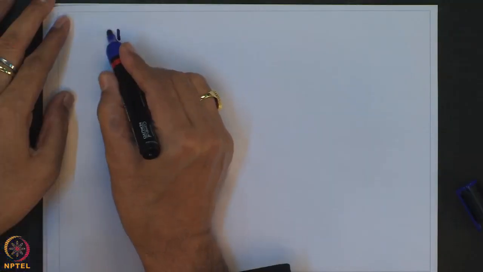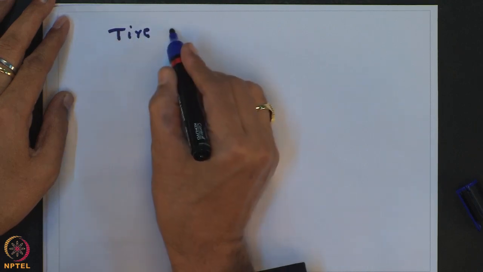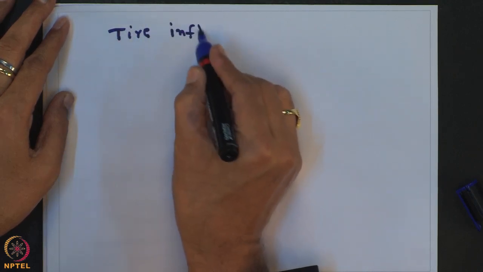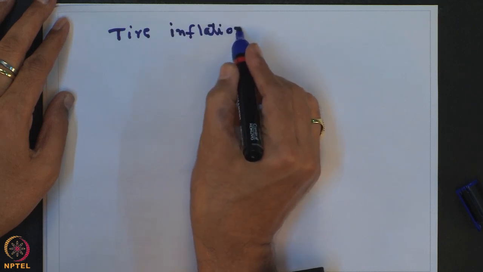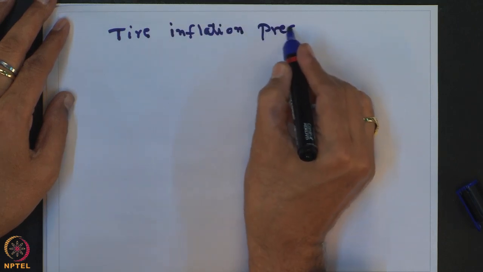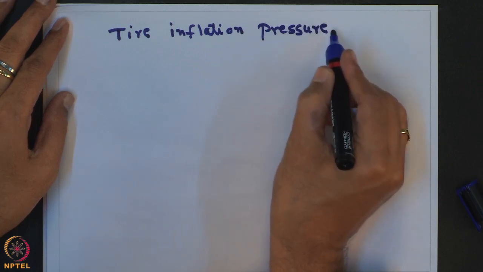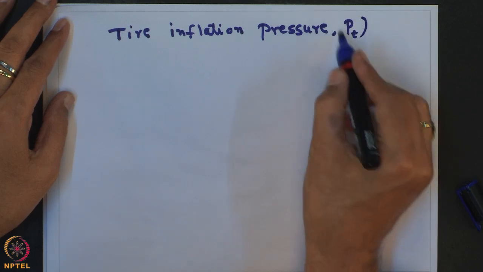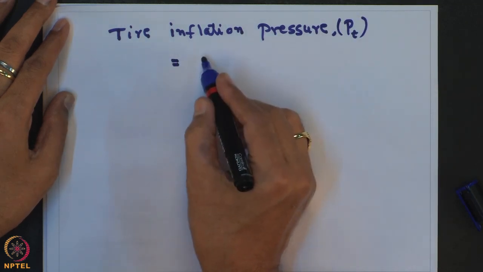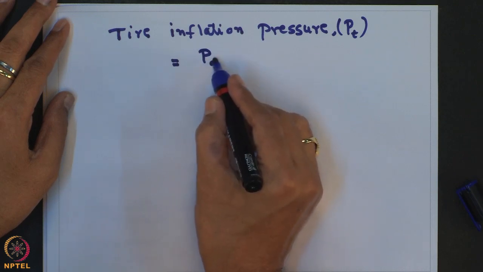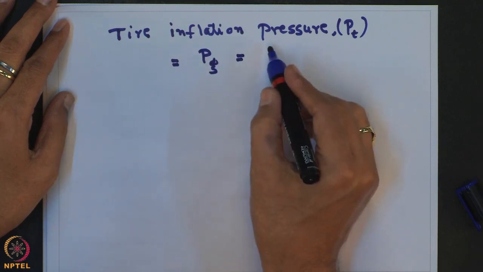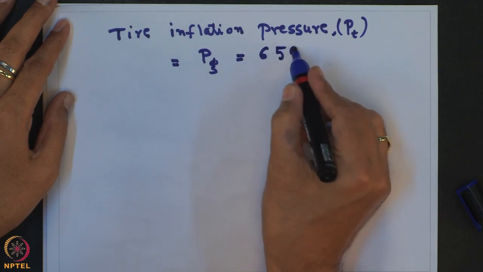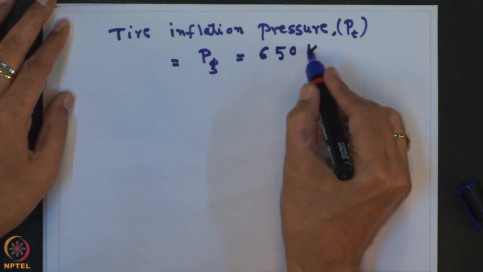Let us say that tire inflation pressure, that is P of T is equal to P of G is equal to 650 kilopascal.